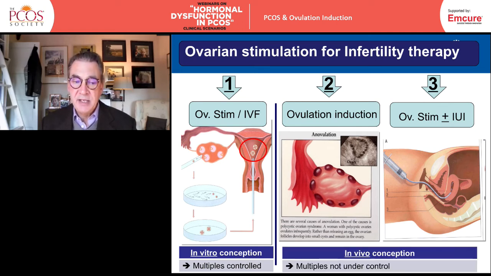Whereas in these in vivo conception circumstances, certainly if you do hyperstimulation with or without IUI, there, of course, the prevalence of multiples is not controlled. So the more oocytes you generate, either intentionally in the IUI context or unintentionally in PCOS, the higher the chances are for multiples. So this is a very fundamental difference in vitro conception and in vivo conception.